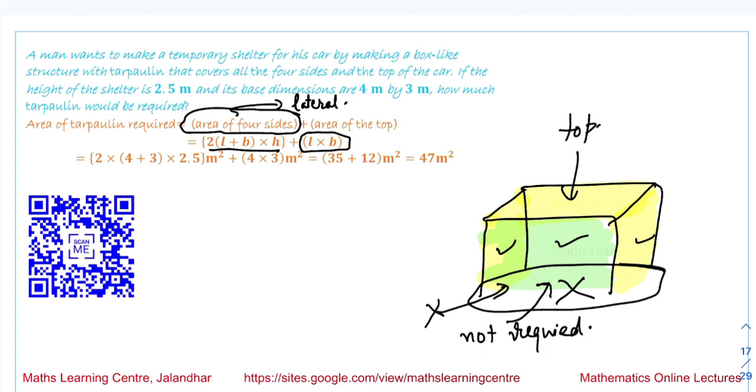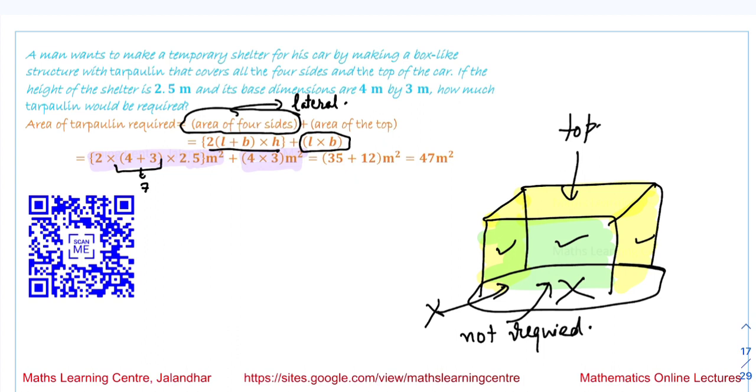So the total area of tarpaulin required is 2 into 4 plus 3 into 2.5 meter square, that is 2 times L plus B into H, plus 4 into 3 meter square. Now again, first of all we will solve this. 4 plus 3 is 7.